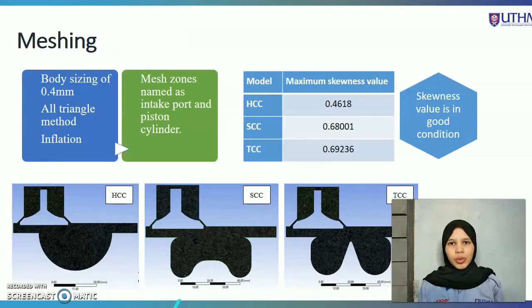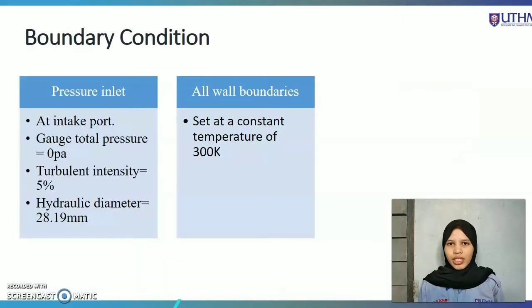Next, the piston bowl models go through the meshing process, which is inserting a body size of 0.4 mm, inserting the all triangle method, and also inflations.